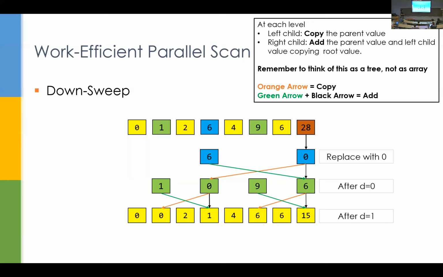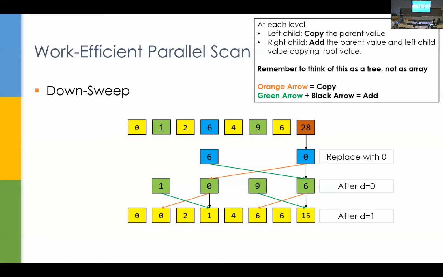So in this case, what is the index of 0 here? It's 3. 0, 1, 2, 3. Index of 0 is 3. Right child of 3 is 3. It's itself. Left child of 3 is 3 divided by 2, 1. So you round down essentially.